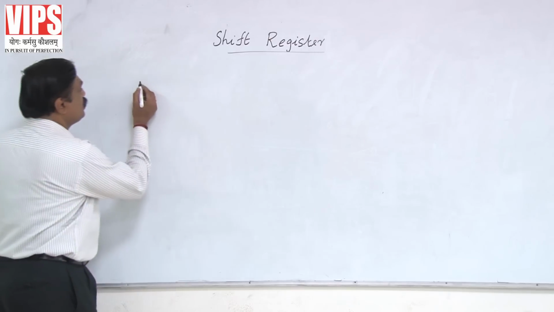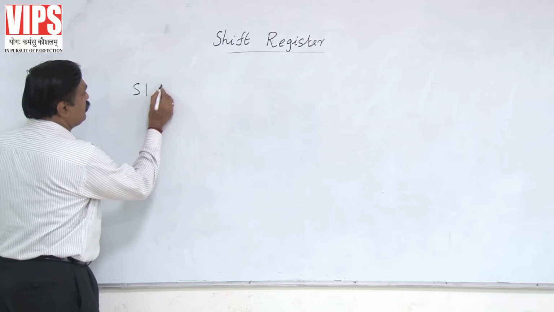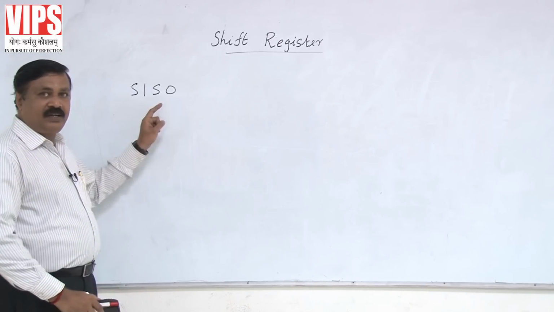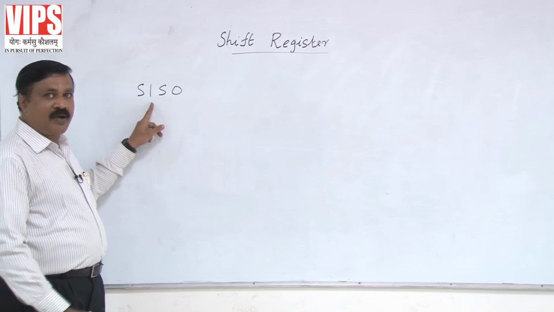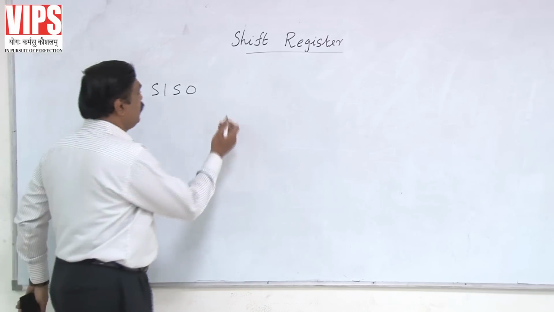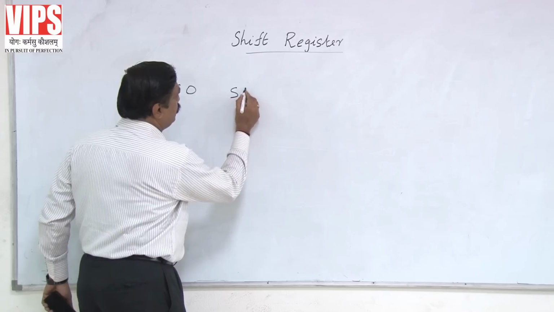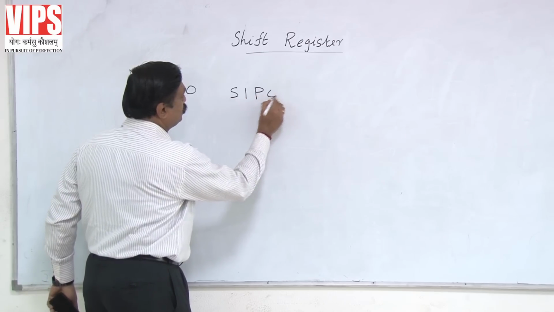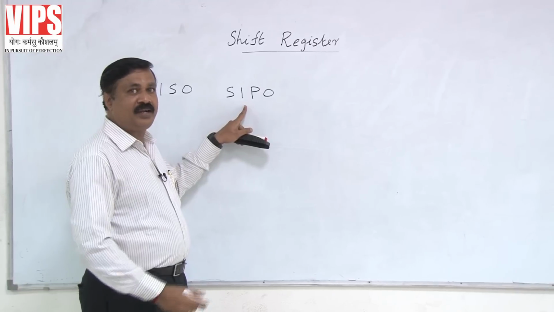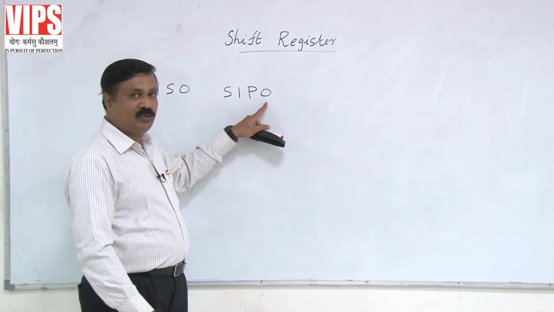First one is serial in, serial out. We are sending the data serially in and receiving the data serially out. The second one, serial in, parallel out: sending the data serially in and receiving the data parallelly out.